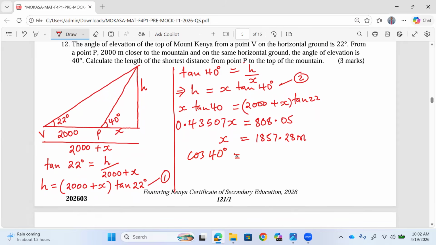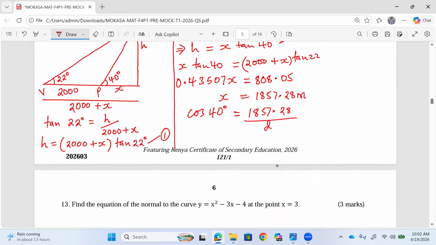Cosine of 40 can only be given by adjacent length out of a known hypotenuse. The distance there, we can call it distance D, shortest distance. So we cross multiply, D cos 40 equals this. So to remain with D, we need 1857.28 out of the cosine of 40. So this one divided by the cosine of 40 shall give us 24.505.